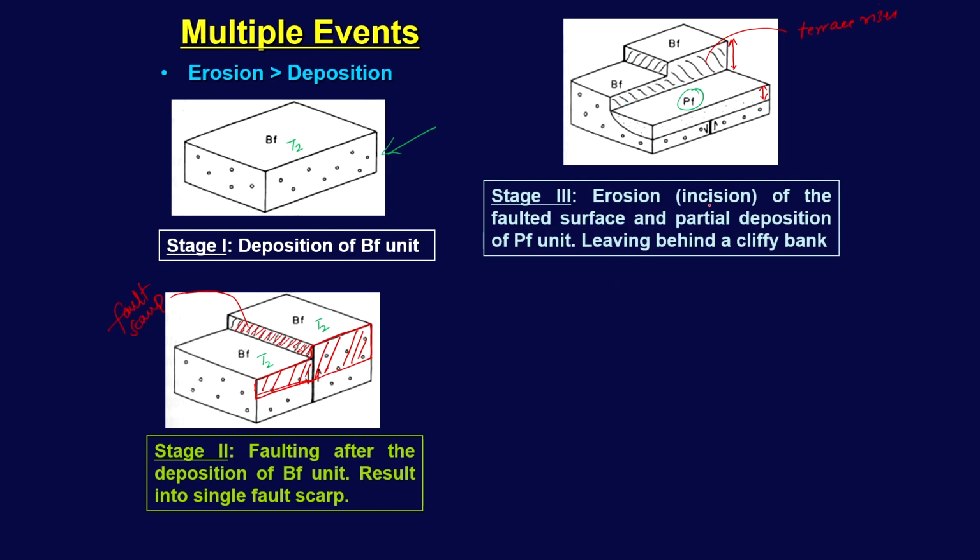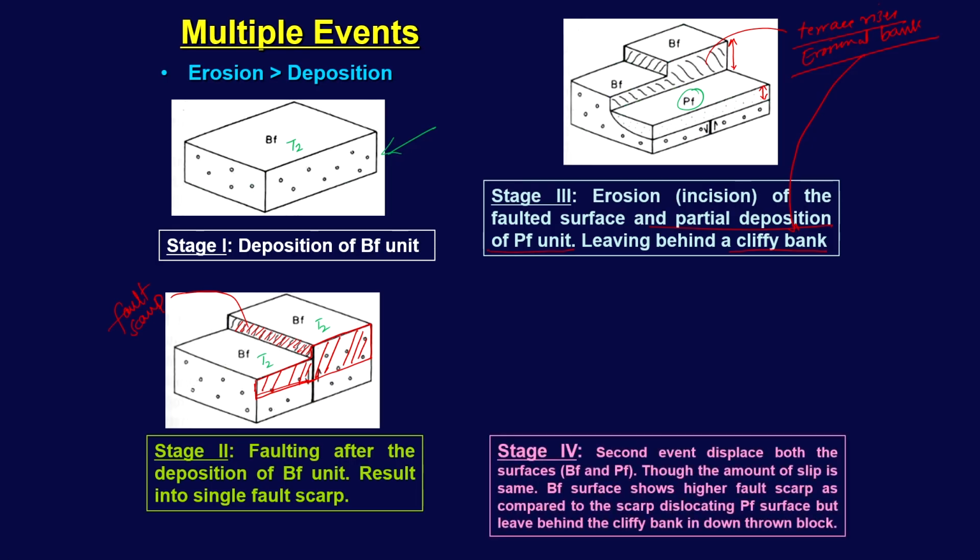So, erosion and incision of the faulted surface and partial deposition of the PF unit, leaving behind the cliffy bank. Because this is not your fault scarp, this is a terrace riser, and that is your erosional bank, or you can say it's a cliffy bank.